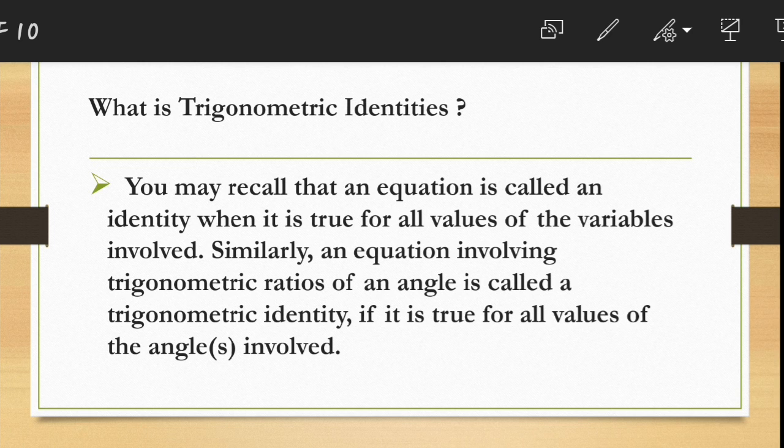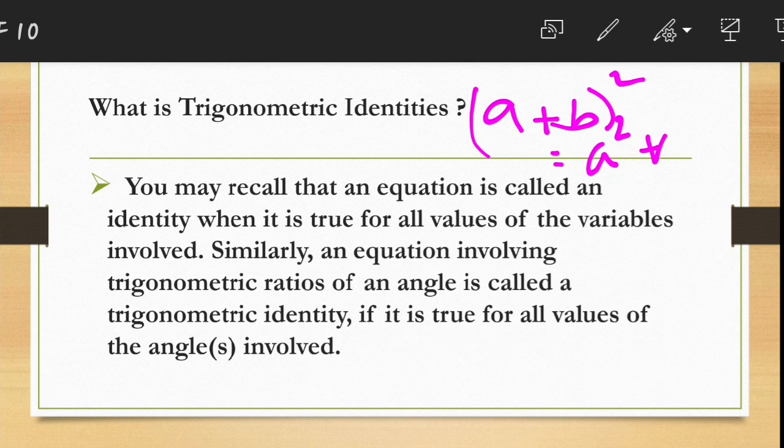If you use a and b in place of x and y, then (a plus b) whole square will be a square plus b square plus 2ab.